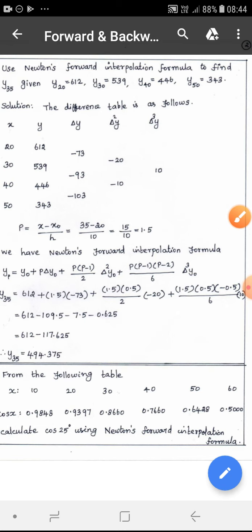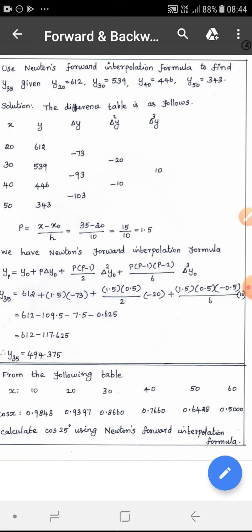These are the entries of second order differences. Then go for the third order differences. While calculating the third order difference, look at the entries of the second order difference values. In that you go for succeeding value minus preceding value. So it is minus 10 minus of minus 20, which gives 10. So we have the entries up to third order differences.